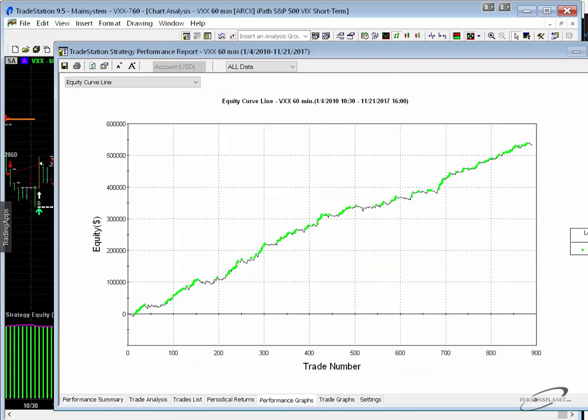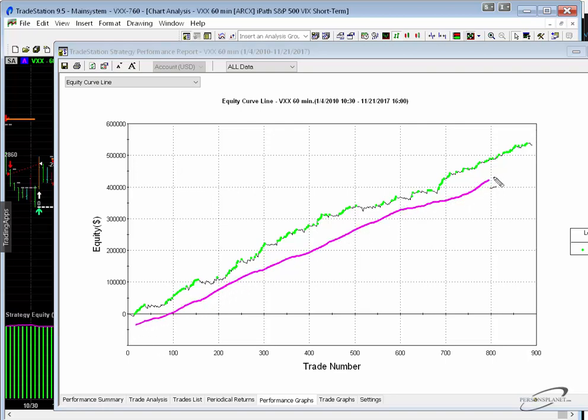This is absolutely spectacular, what everyone wants to see. A nice, smooth equity curve. Yes, period of slow or inactivity in the profits, but for a very short period of time. But overall steady growth. These green dots mean new equity high in performance. That's exactly what we want to see.